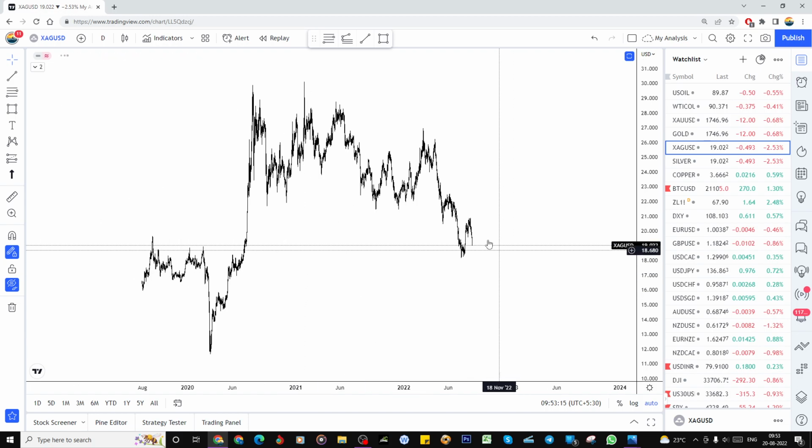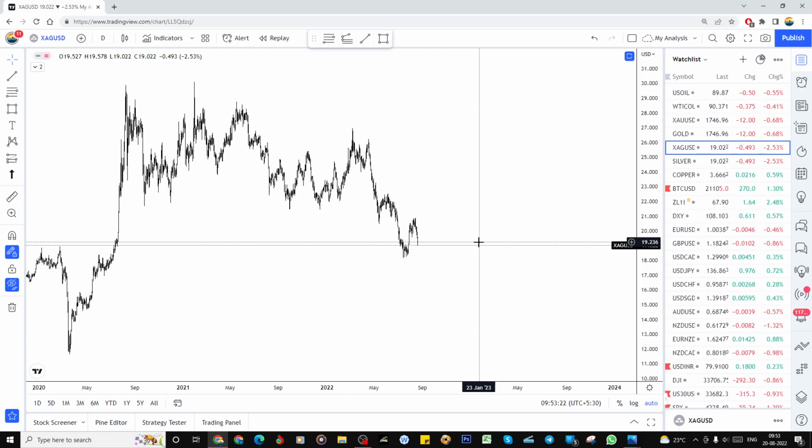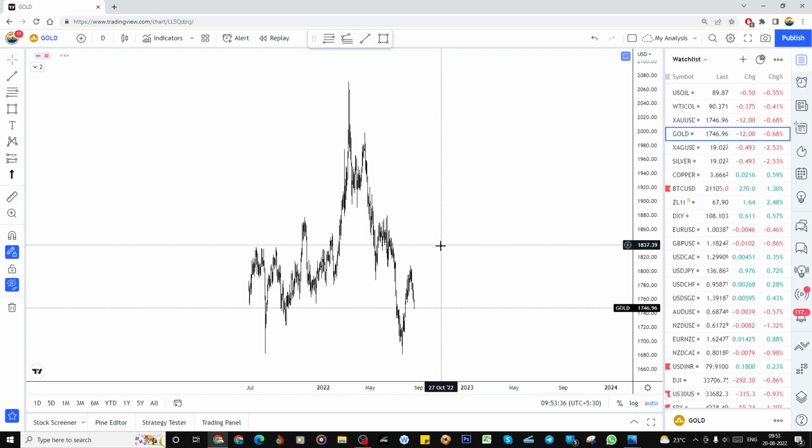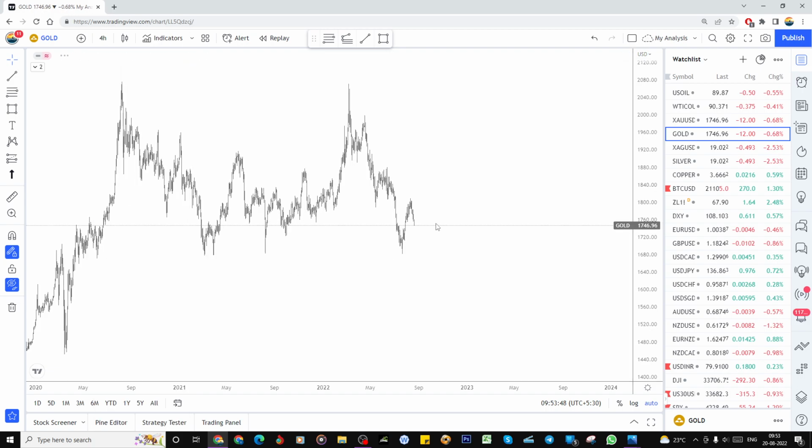The festival seasons like Diwali and weddings create demand, and India is the biggest consumer of gold. So if gold goes high to 1890, my target, then for the next 2 months it won't be a very simple correction.